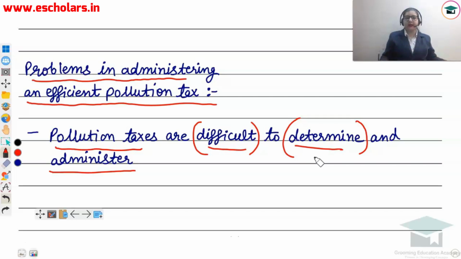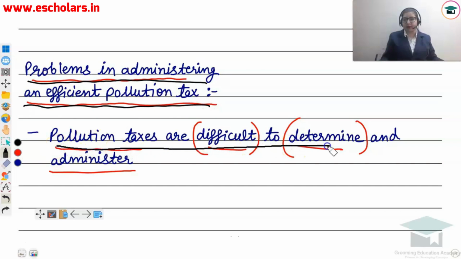Okay? And it is very difficult to determine the environmental impact of the pollution and the compliance with the pollution taxes. So let's recall it till now. Problems in administering an efficient pollution tax: pollution taxes are difficult to determine and administer.